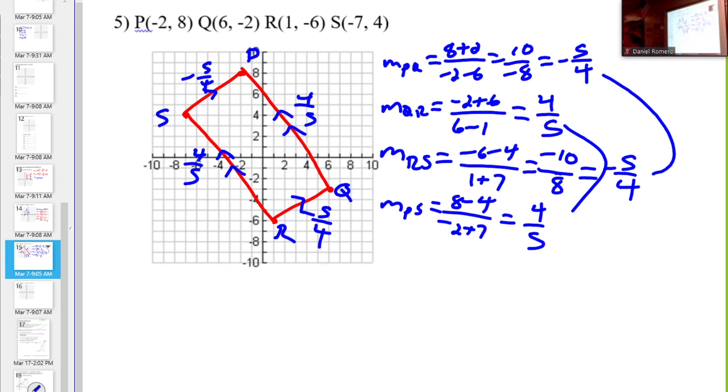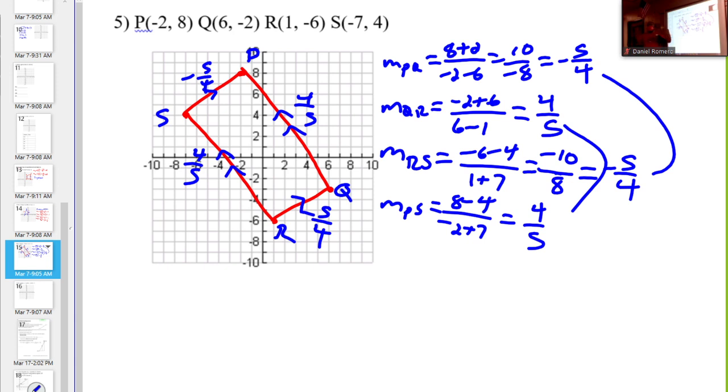But within parallelograms, there are more specific types. A rhombus is a parallelogram with everything a parallelogram has, but it has one main extra property: all sides congruent.